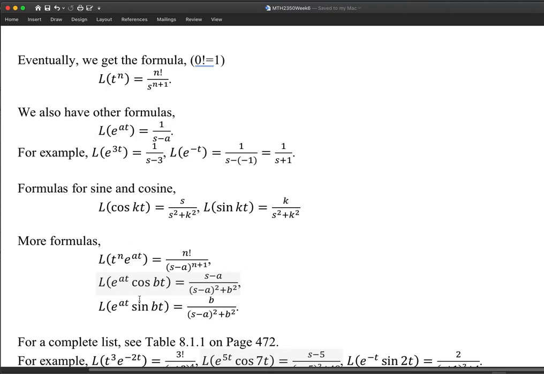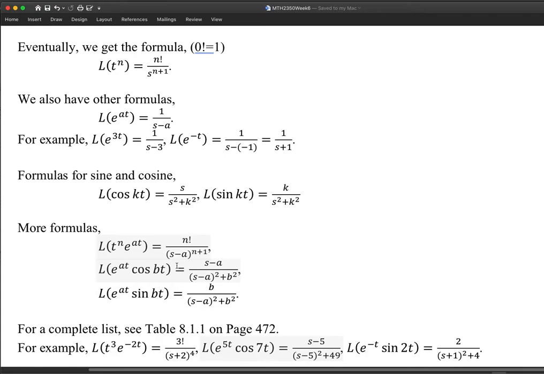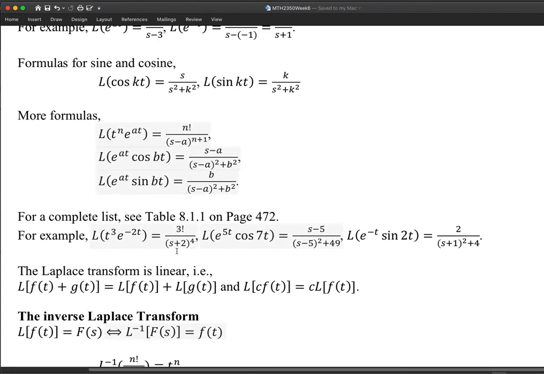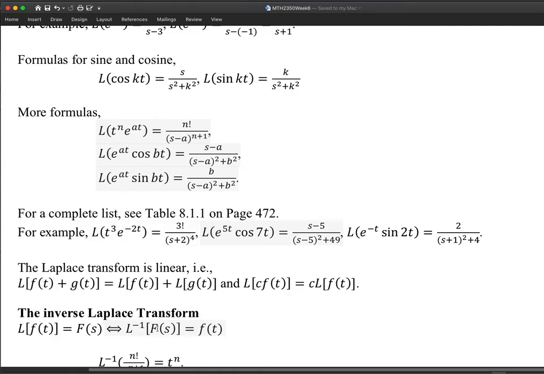Accordingly, the inverse transform is from s to t. The inverse transform takes a function of s back to a function of t, and certainly these are different functions. So for the function of s I'm using uppercase F, and for the function of t I'm using lowercase f.